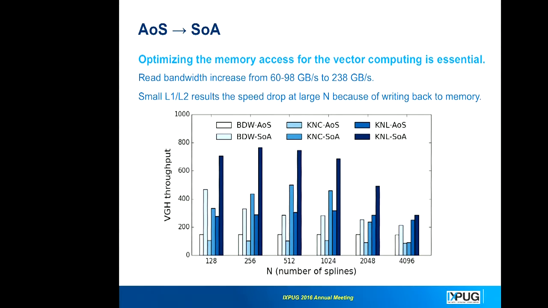This is simply because the KNL and KNC systems have very small L1 and L2 caches, so they could not cache the result vector, and we noticed that the write bandwidth towards the DDR is higher than we expected, so that's clearly a problem.